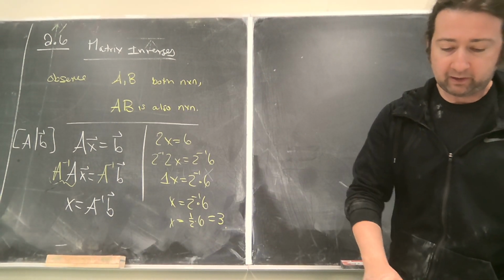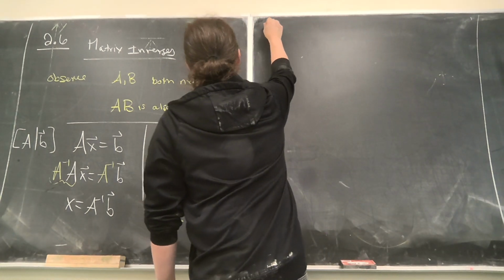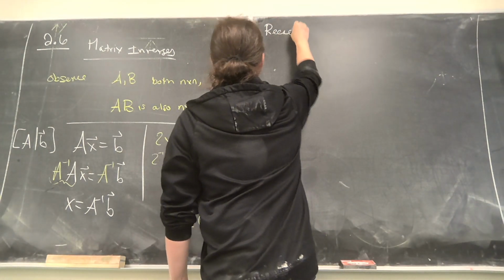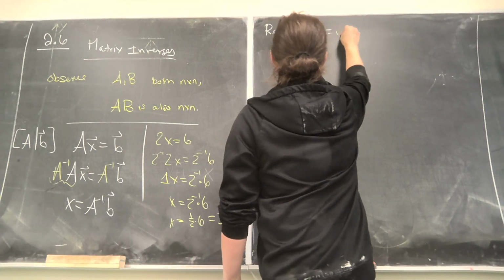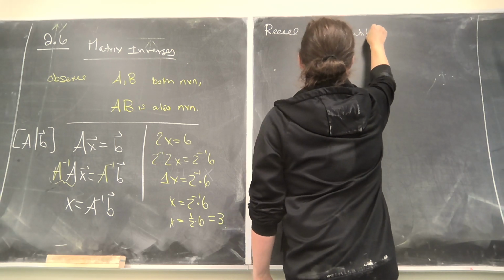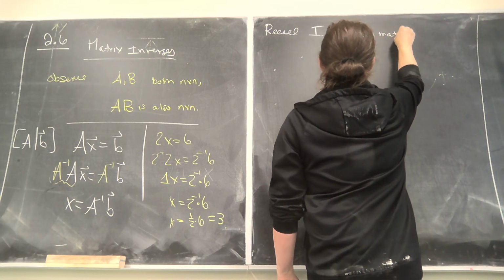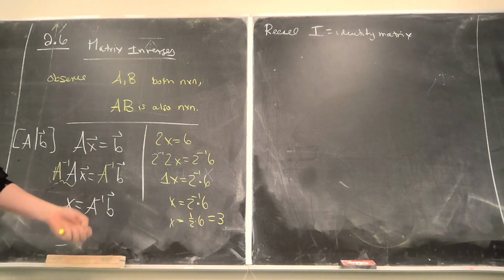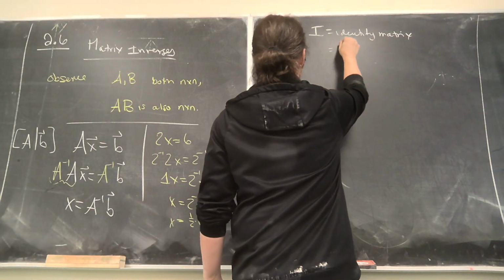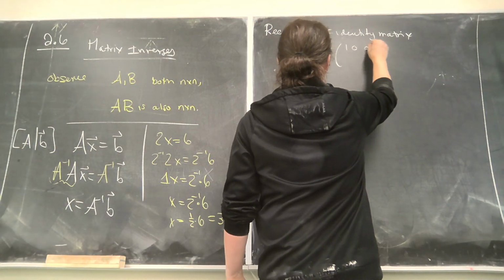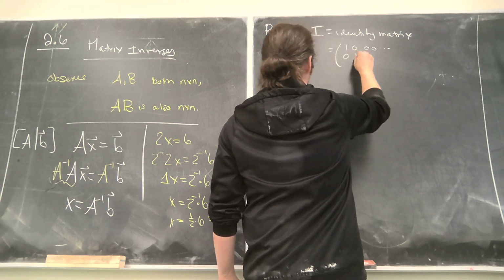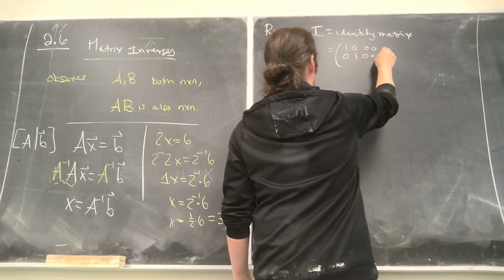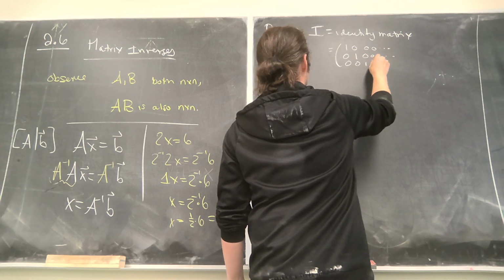I'm going to start by reminding you guys of the matrix I, the identity matrix. It was a diagonal matrix that had all 1s on the diagonal and 0s everywhere else. So it had a 1 and then a whole lot of 0s, and then a 1 in the 2-2 spot, and then a whole lot of 0s, and then a 1 in the 3-3 spot.